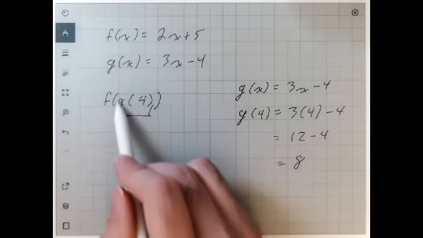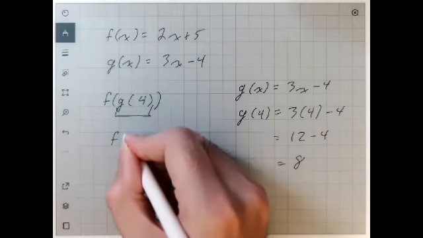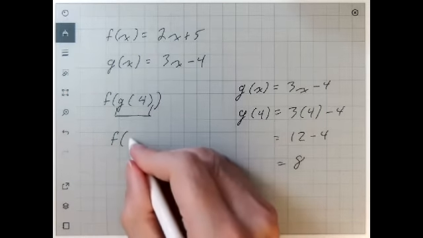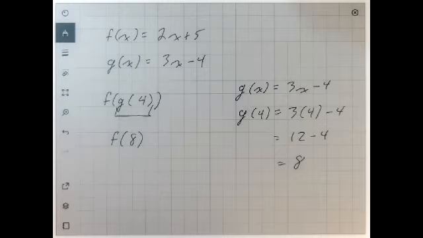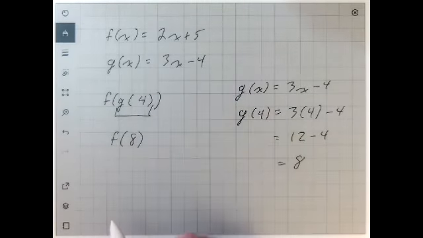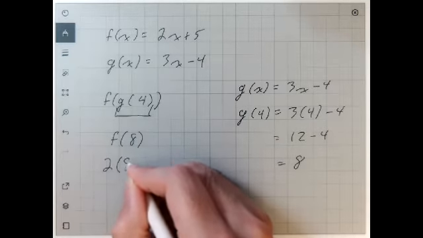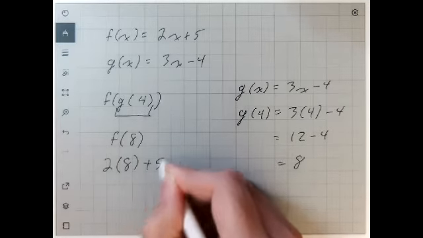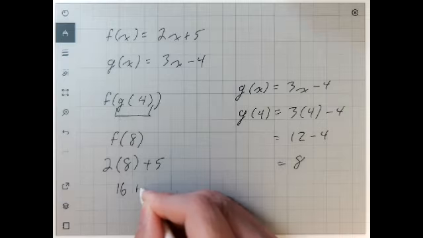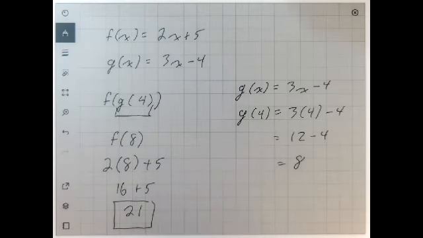So I can replace g of 4 with its value 8 and realize this problem is really asking me to find f of 8. And knowing what f of x looks like, I can plug in 8 for x there, to get that f of g of 4 is 21.